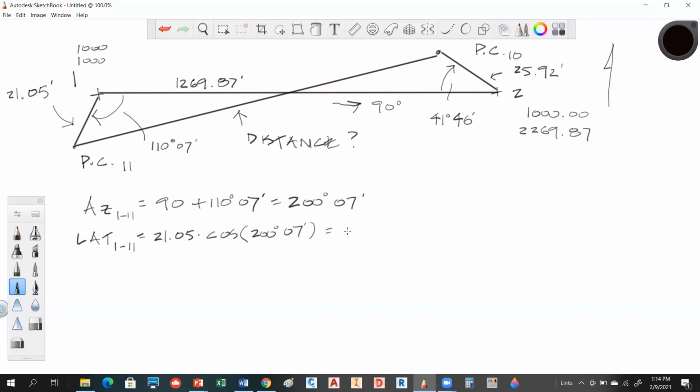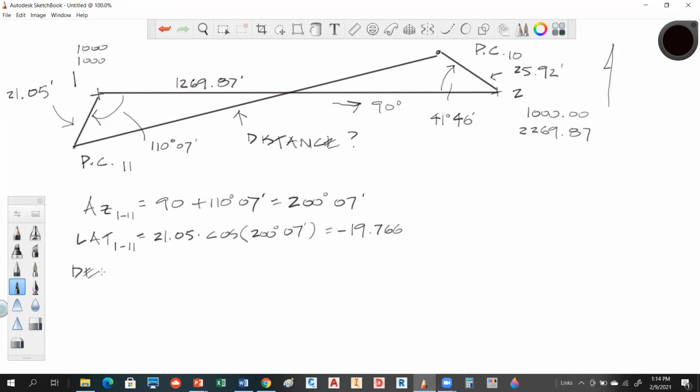So I'm coming up with a negative, and if I want to hold precision a little bit better, I can round my numbers out to a couple more places, but I came up with 19.766 essentially, if I go out that far.